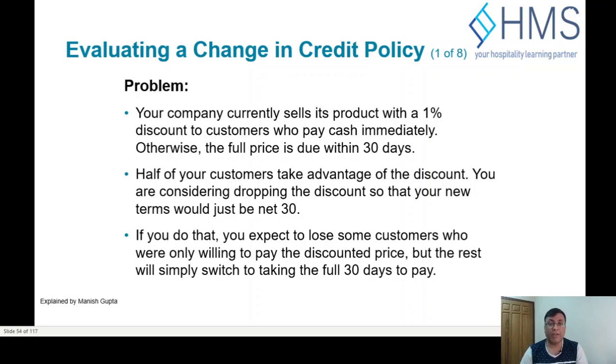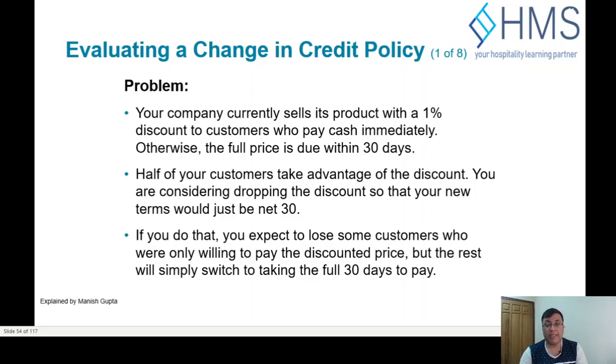Now, half of the customers are taking advantage of it, and now the management is thinking, why don't we just drop the discount and say, okay, everybody is on 30 days. The problem is you may lose some customers by doing that, because they may find a cheaper price somewhere else, from competitors who may be giving a cash discount. So you may lose some of them.